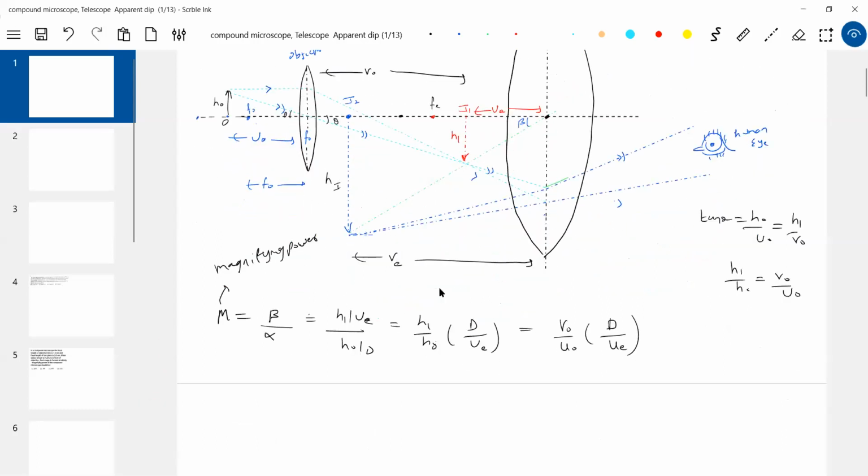If the final image forms at the distance of least distinct vision, I think it is the same diagram. I'll just write this as capital D. This VE will become capital D here. What will be the magnifying power?